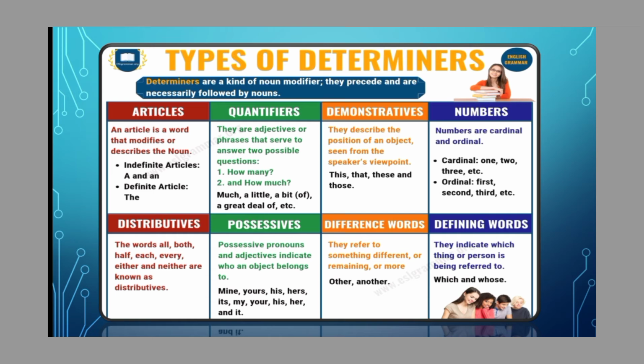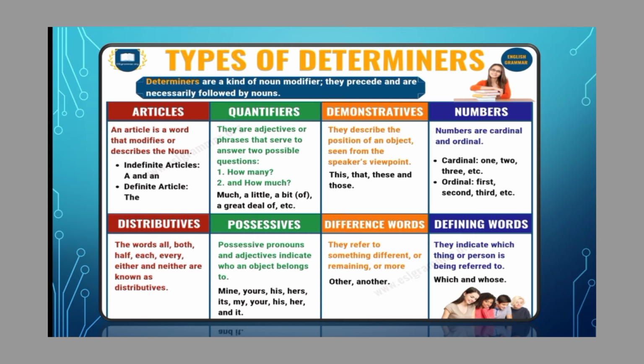They describe the possession of an object seen from the speaker's viewpoint. This, that, these, those. Hope you all understood. This and that we use for singular objects, and we use these and those to identify plural objects.